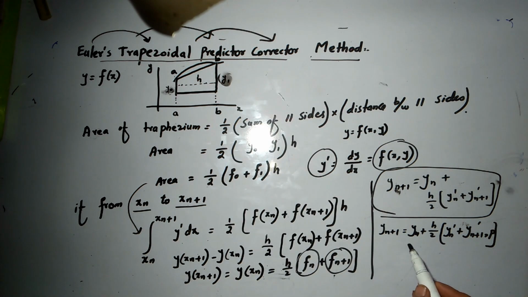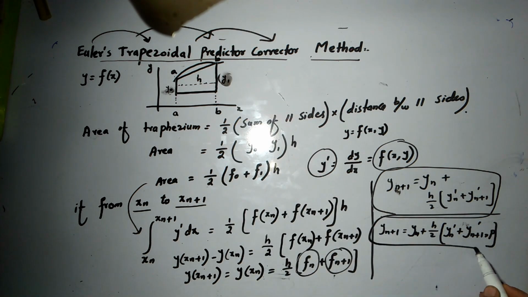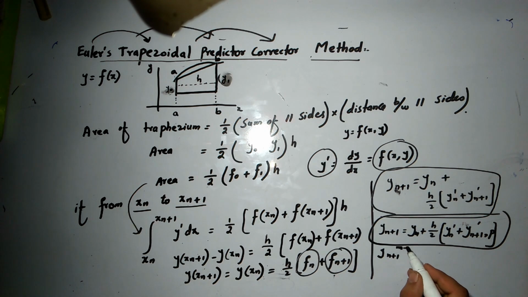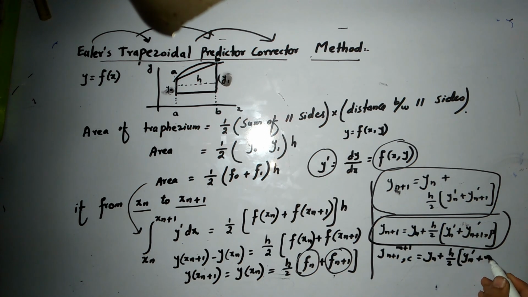So this is the predictor formula, and similarly if I write the corrector, it will be y of n plus 1 c equal to y of n plus h over 2 times yn dash plus yn plus 1 dash p.